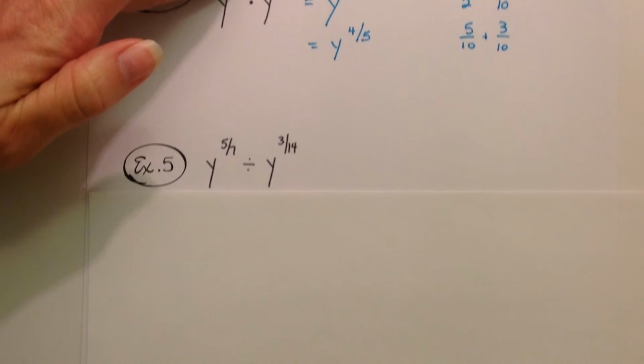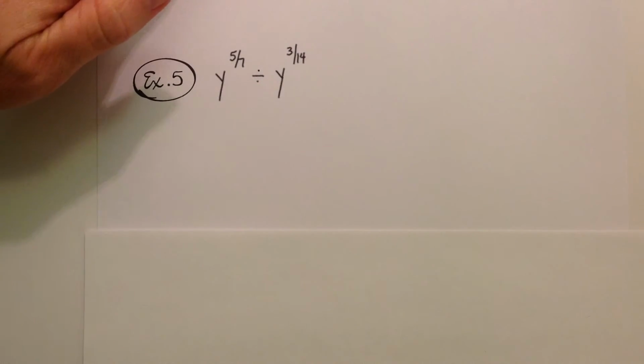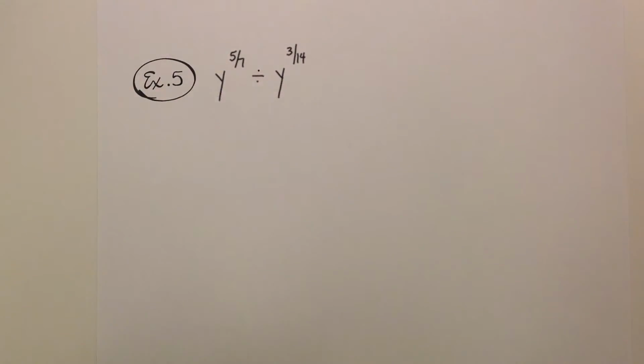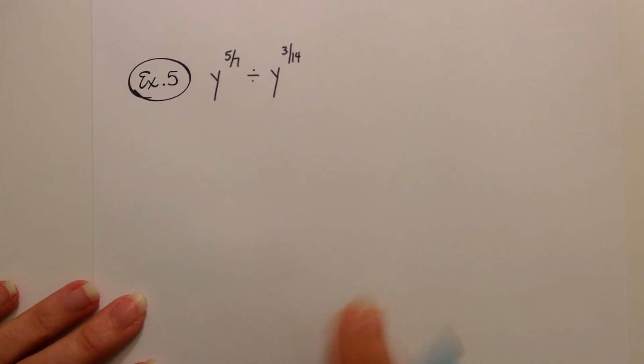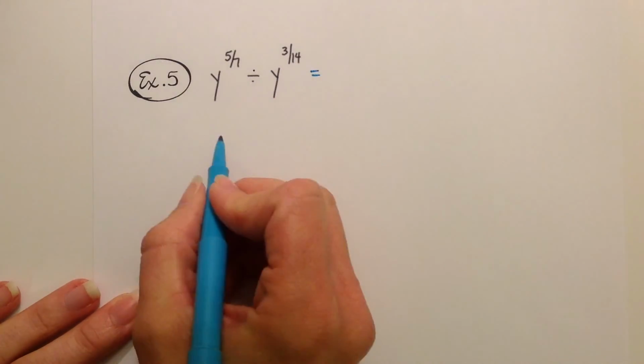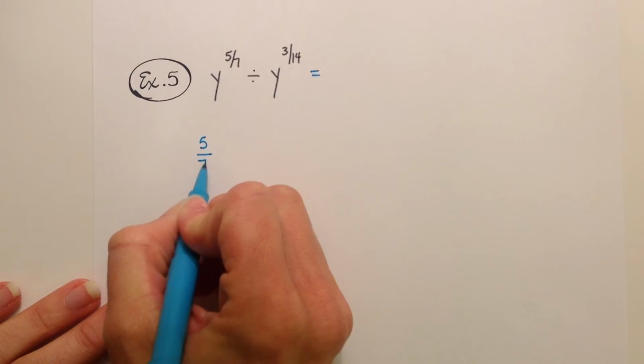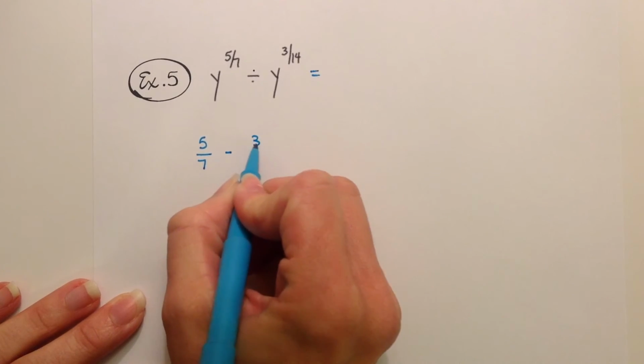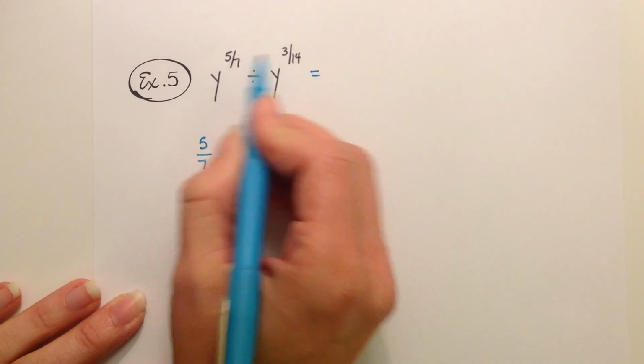Okay, the next one that I have here is dividing. So if you look back at the rules that we wrote down at the beginning, when you're dividing, you're supposed to subtract your exponents. So again, I'll just come down here this time. 5/7 minus 3/14. So it has to be this one minus this one.